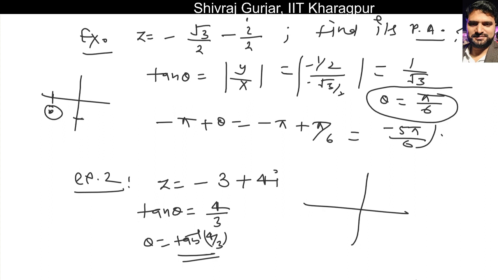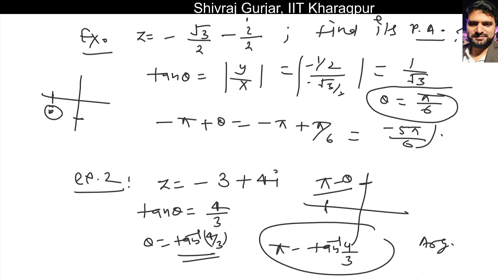Now see, x is negative and y is positive, so this complex number lies in second quadrant. यहाँ पे what is the principal value of argument, that is pi minus theta, so the answer will be pi minus tan inverse 4 by 3. So that will be the principal argument of this given complex number. So that way it can be done.